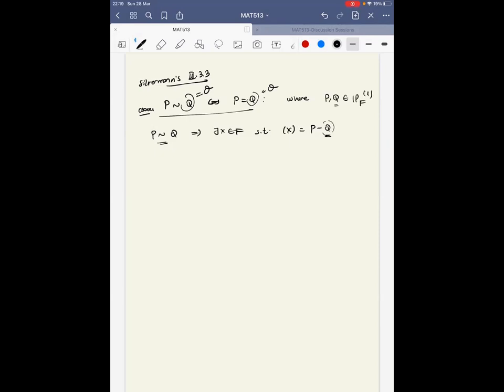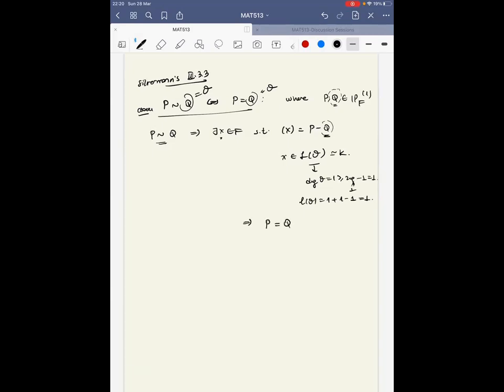And if you consider the Riemann-Roch space of the divisor Q, we see that this function lies in L of Q, and by applying Riemann's theorem, since it has degree 1, which is bigger than or equal to 2g minus 2, in this case we're in the case of genus 1, its dimension is going to be its degree plus 1 minus g, which is 1, so that means this is isomorphic to K. So this function, which gives us the equivalence, should be constant, and this shows us that the principal divisor of the constant must be 0 because it has 0 valuations, and this shows us indeed the two places must be the same.